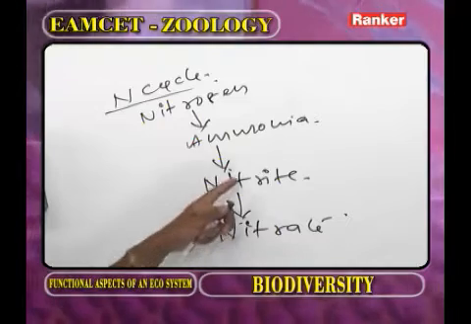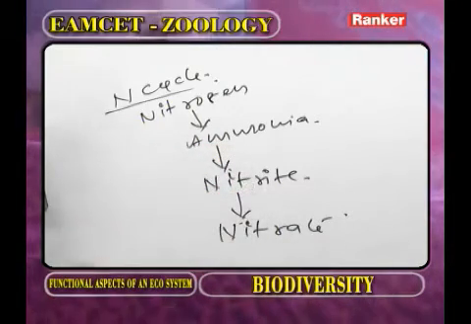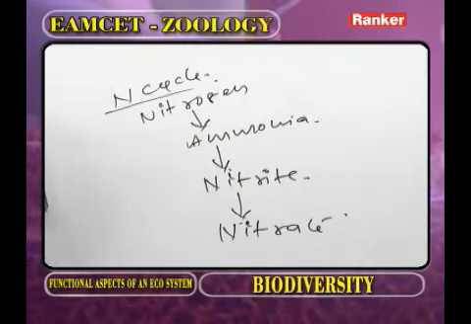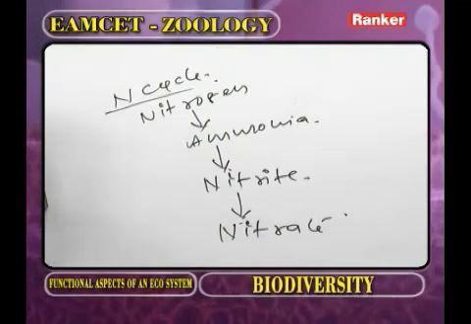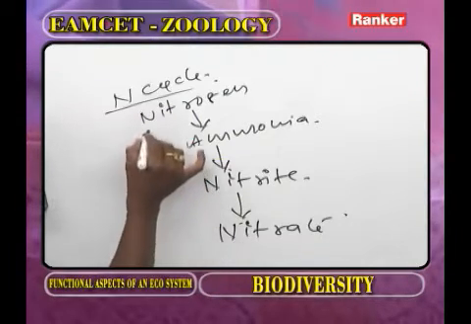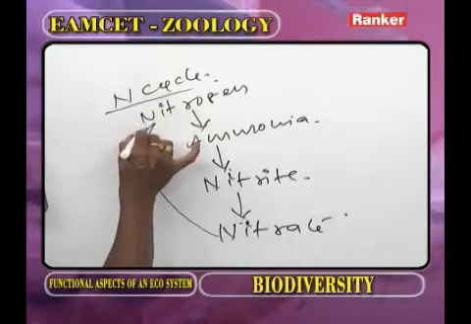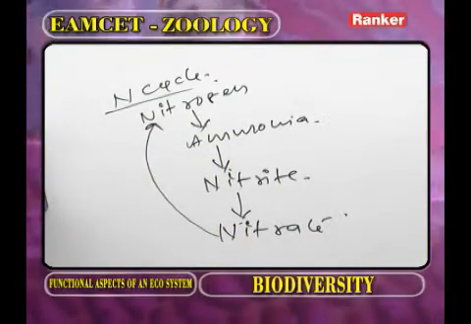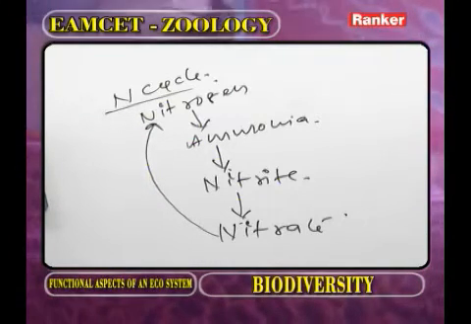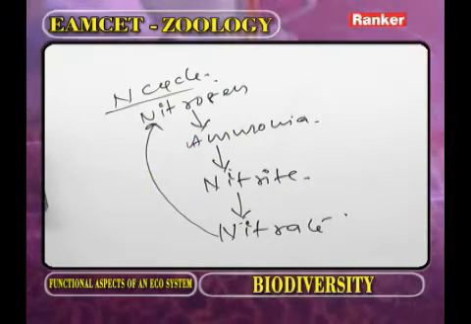The ammonia is converted into nitrite by Nitrosomonas, and the nitrite is converted into nitrate by Nitrobacter. But here, what is the question? Denitrification: the nitrate converts back into nitrogen. Such denitrification is brought about by what type of bacterium?